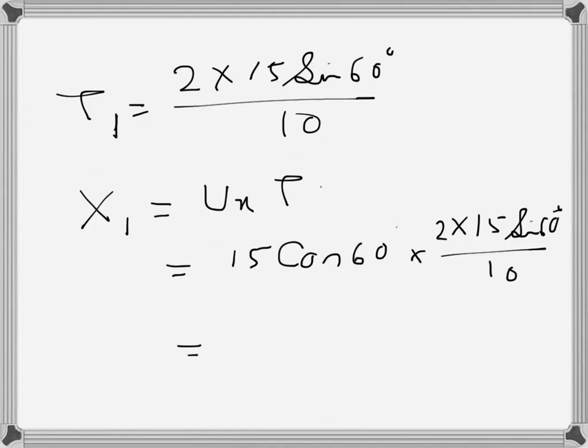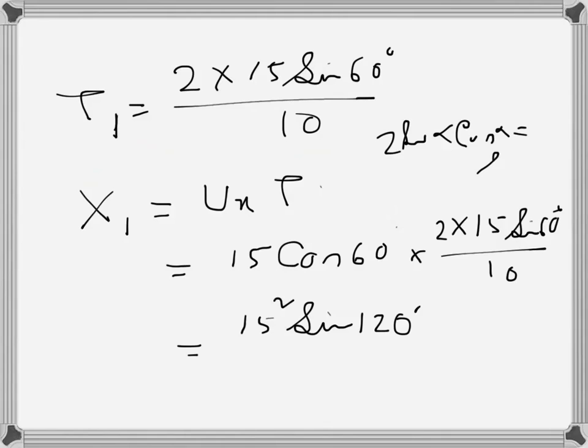So basically this is 15 squared and 2 sine 60 degrees cos 60 degrees, that is sine 120 degrees, because 2 sine alpha cos alpha is sine 2 alpha. We can use that formula. So 2 sine 60 degrees cos 60 degrees is sine 2 times 60 degrees, that's sine 120 degrees. So this is the range that the first one has.